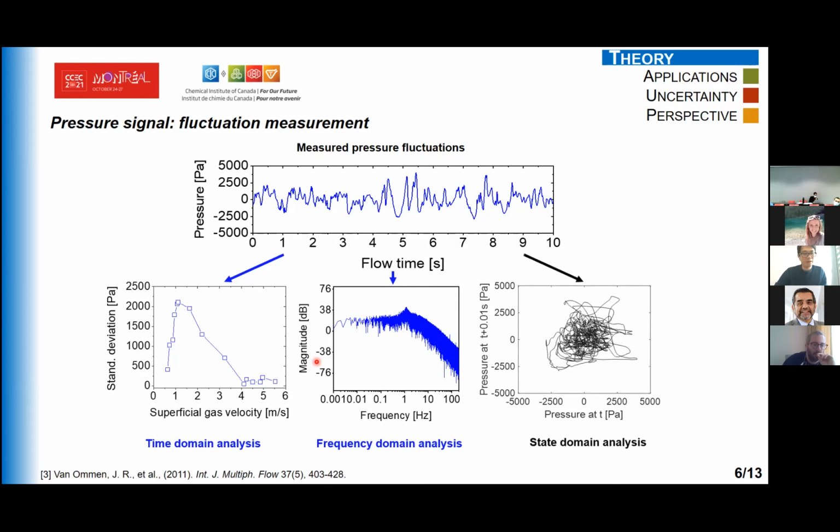And also one which was discussed many years ago, the state space analysis. You can use the pressure fluctuation signal to reconstruct an attractor, which is a fingerprint for each chaotic system. And you can also calculate Kolmogorov entropy and so forth. Later I will focus on the first two, the time domain and the frequency domain analysis.